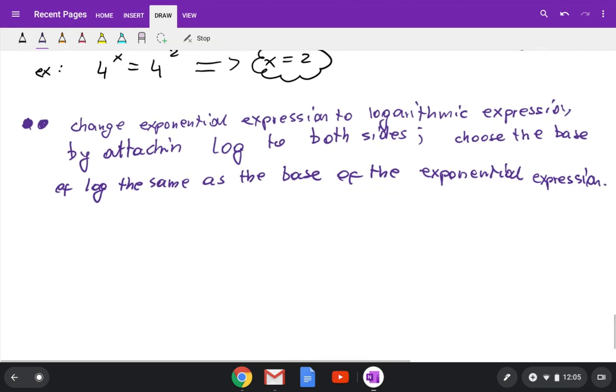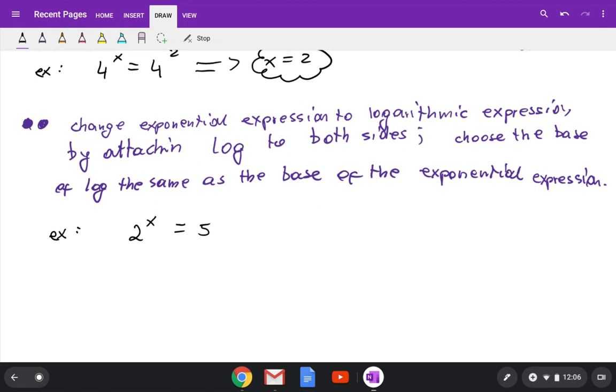Okay, so let me show you. It will come back. I was trying to add something, but I forgot. Let me give you the example. 2 to the power of x, it's equal 5.